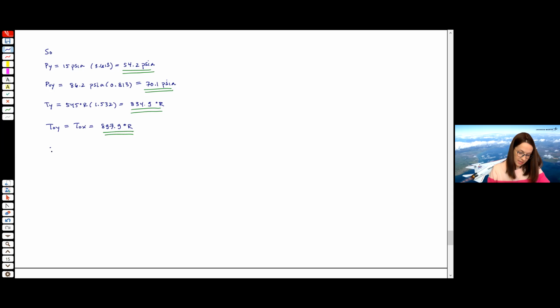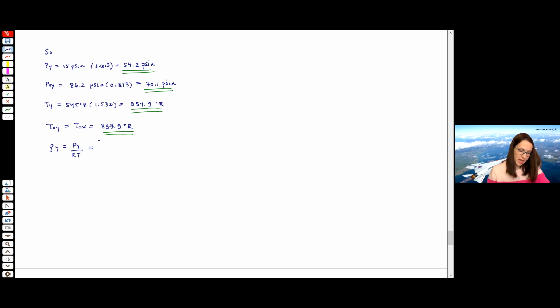And our downstream density, now we're going to use the ideal gas law. So it's the static pressure over RT. I want you to pay close attention, please, to the factor I'm going to use here.